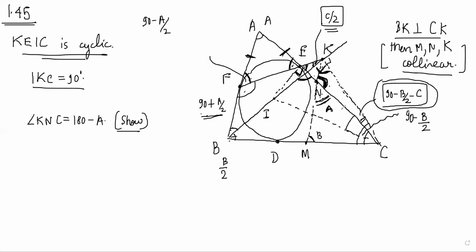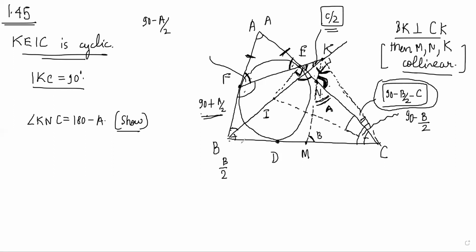Okay. First of all, KBM is half B. Yeah, that we know.